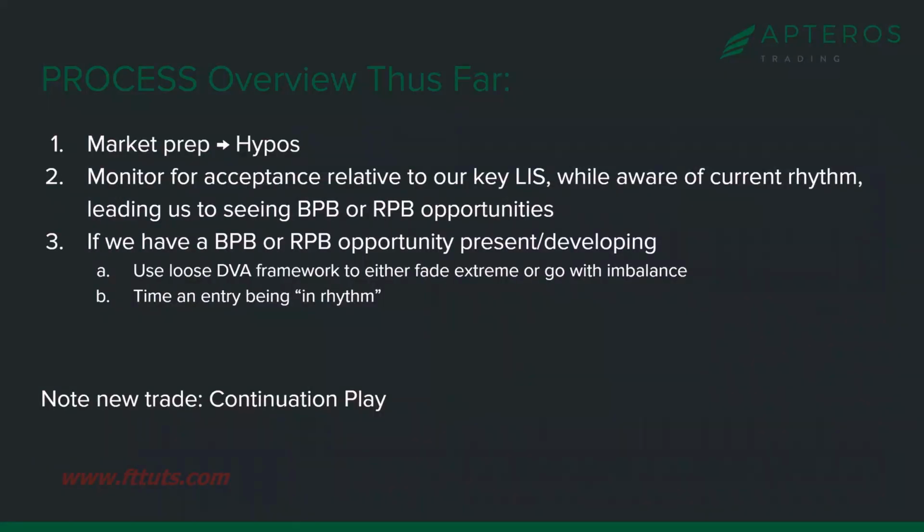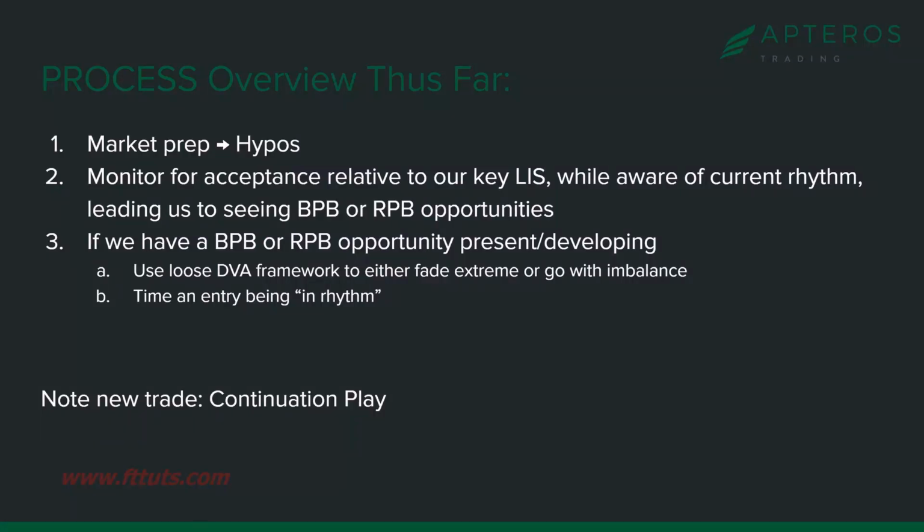What do we have so far? So far, we have a way to prep and see the narrative so that we can come up with some hypos. We can now, as of today, monitor for acceptance relative to those key lines in the sand that our hypos generate for us, while being aware of the current rhythm, right?